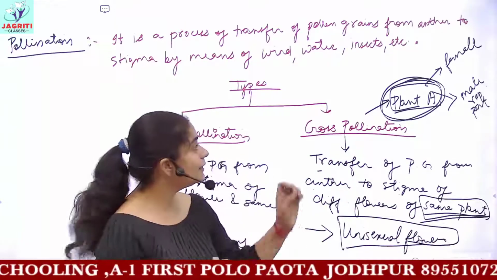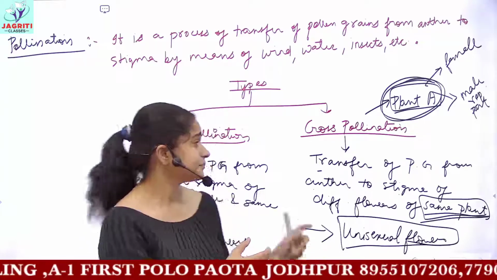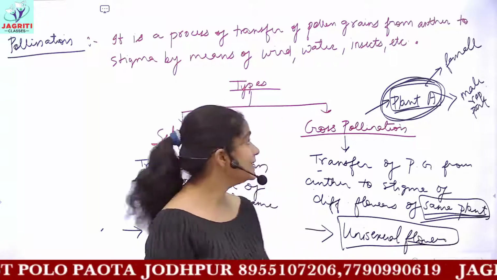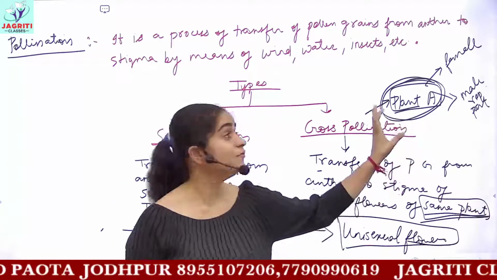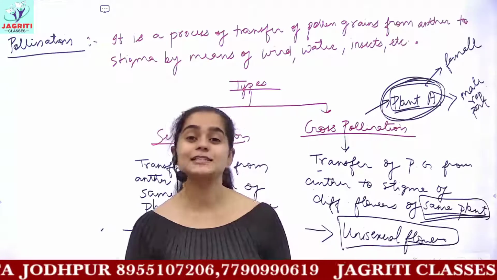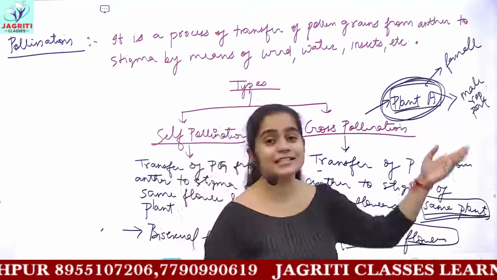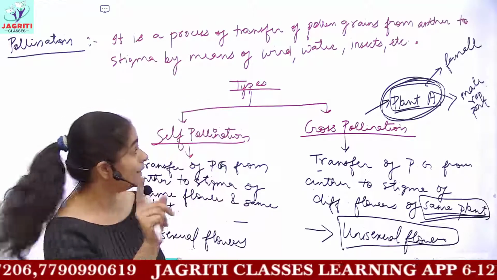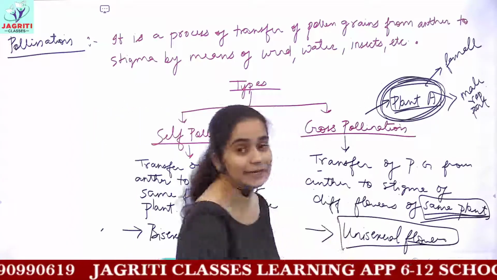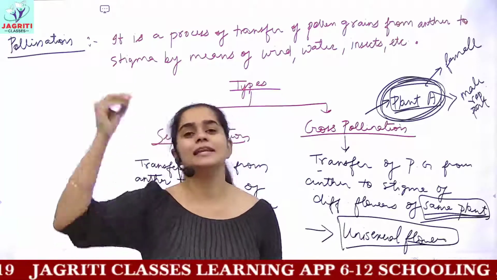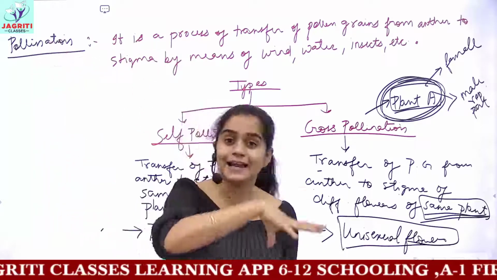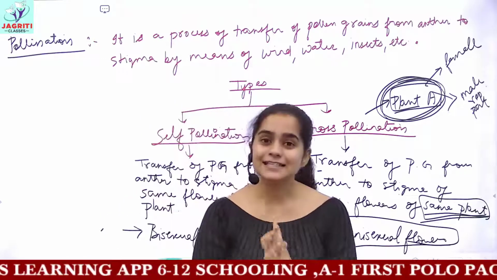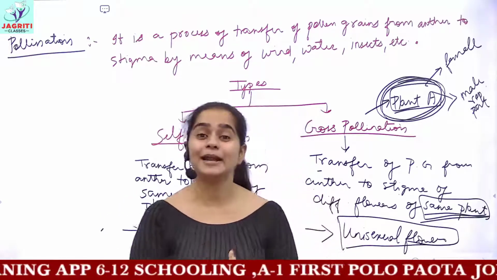If you are taking the watermelon plant, which is an example of unisexual flowers, then some plants of the watermelon will have the female reproductive part, that is pistil, and other plants would contain stamens, which are the male reproductive part. But the plant should be watermelon. If pollens from any other plant, say hibiscus pollen, land on this watermelon stigma, then they would not germinate, because such kinds of pollens are known as incompatible pollens.